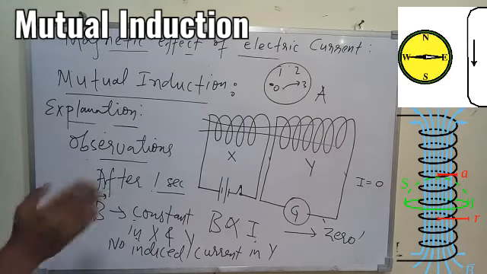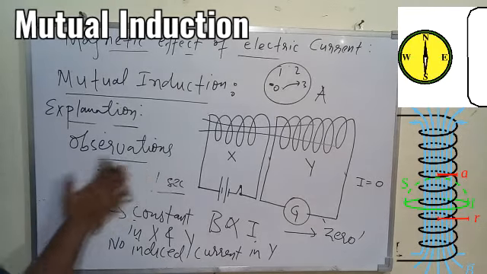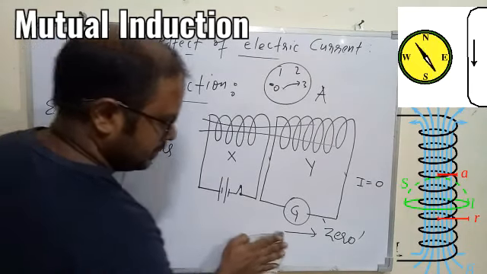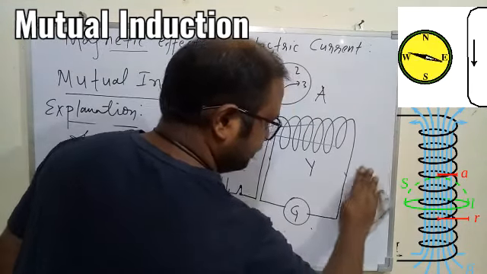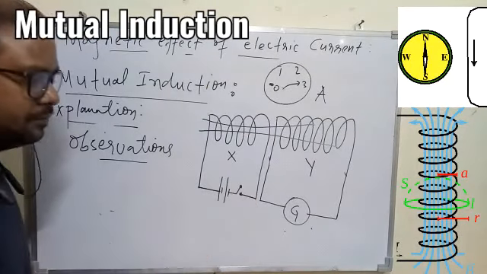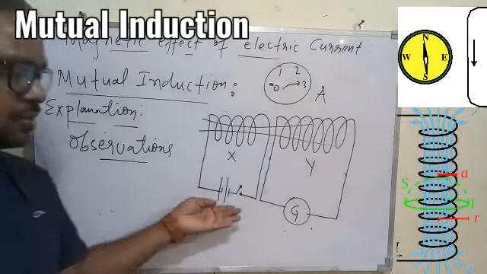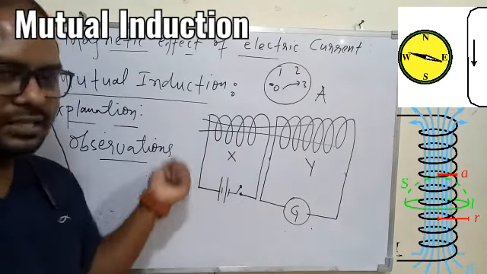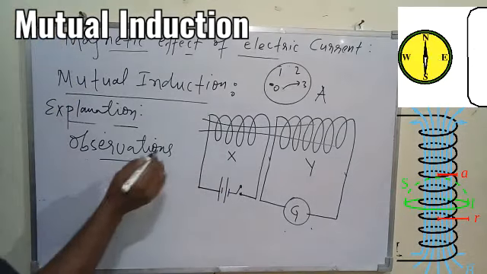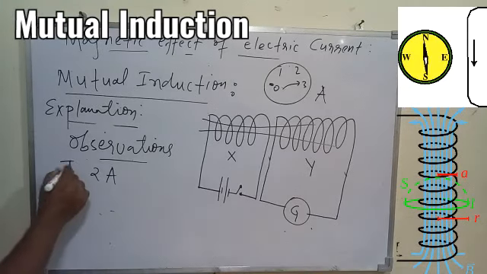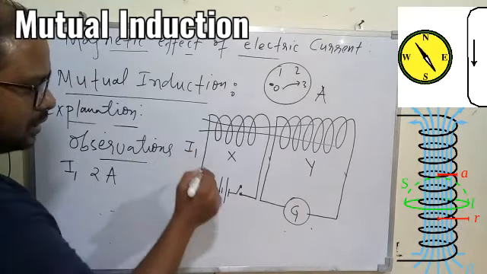Now let's talk about when we switch off the circuit. Now after this, we switch off the circuit. Once we switch it off, again the current in X will decrease. So let the current flowing in the circuit be 2 ampere when the circuit was switched on. Let this be I1, and we are writing I2 for this.